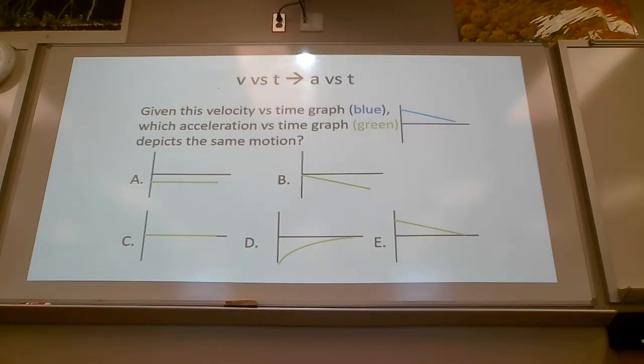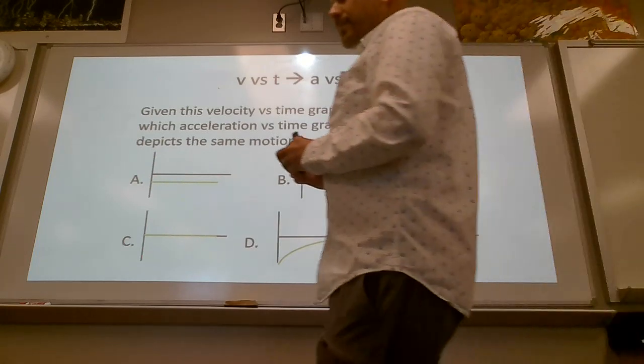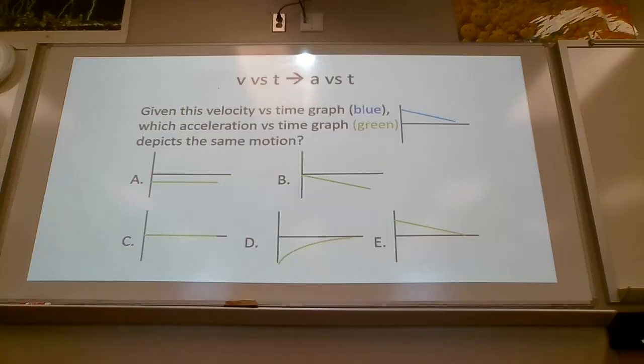Tell your neighbor. Tell them why. Because if it's high velocity, low time, and then low velocity, high time, so it's like different slopes.